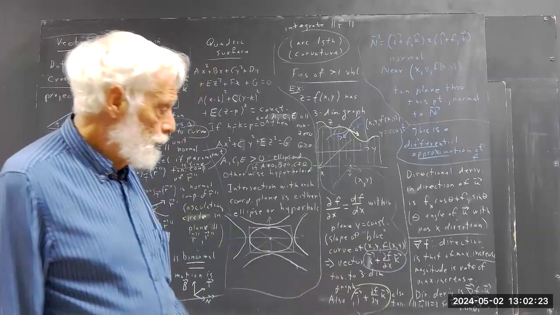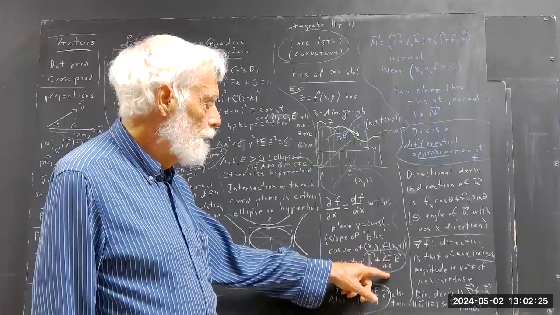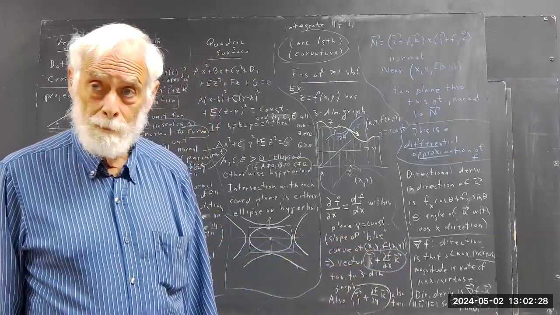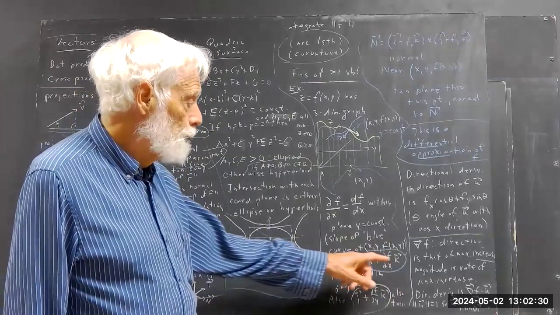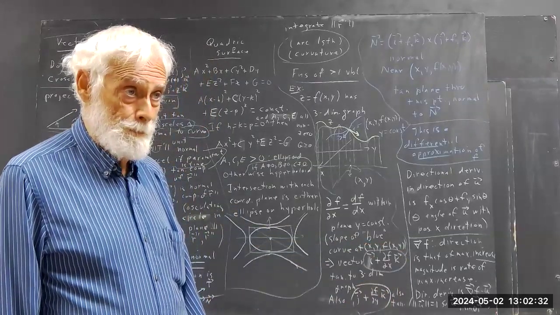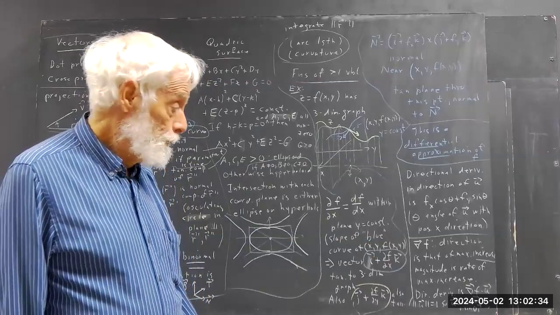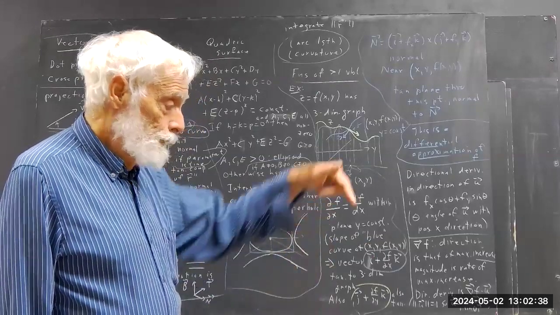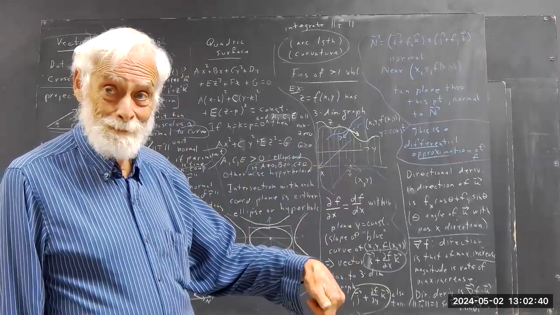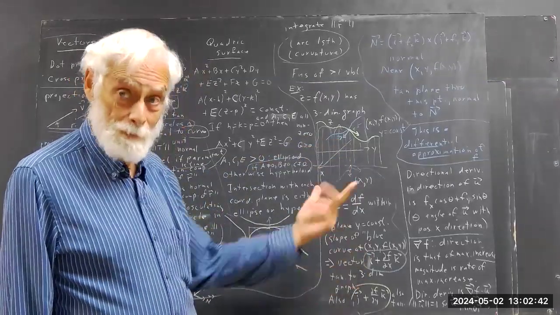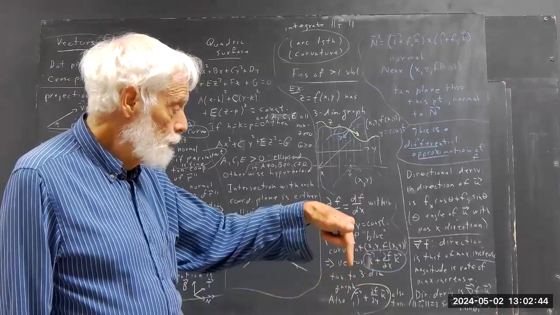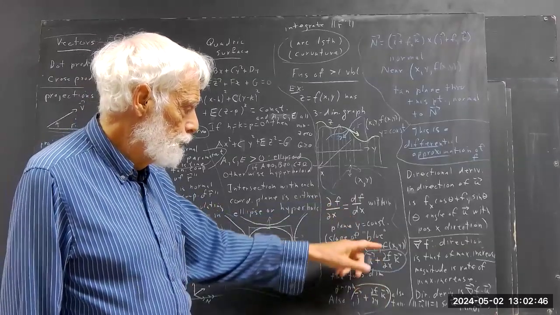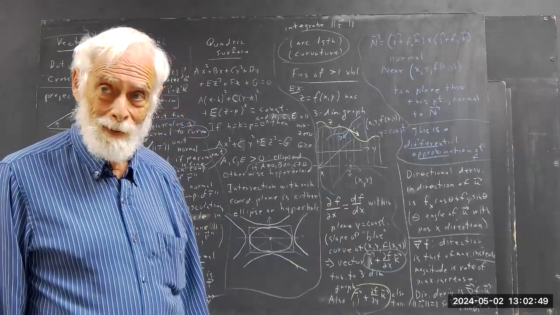In other words, i plus partial f with respect to x times k is i plus slope times k, right? Well, that means your run is i and your rise is the slope. Your run is 1, since i is a vector of magnitude 1, and your k component has magnitude partial f with respect to x.